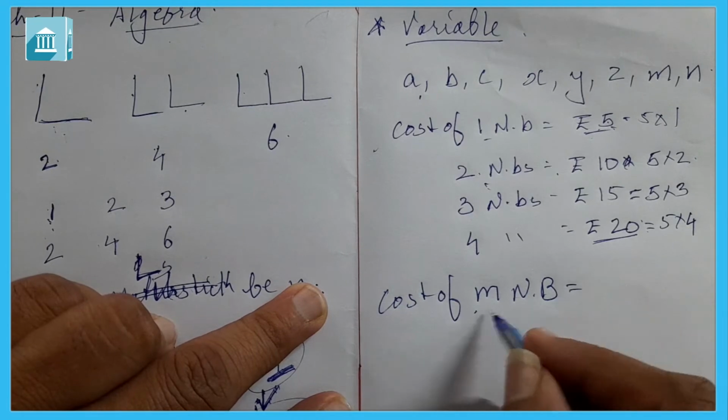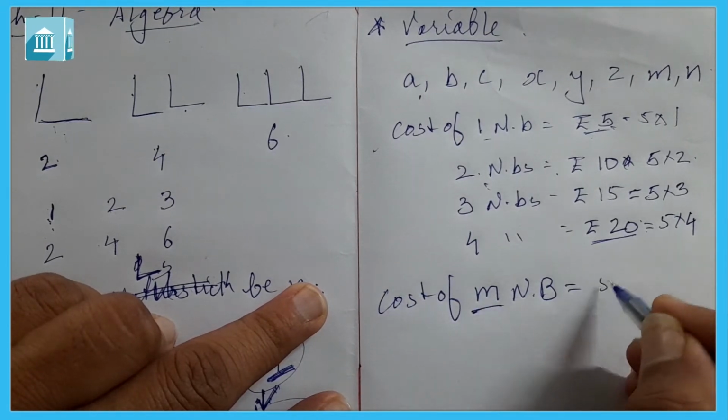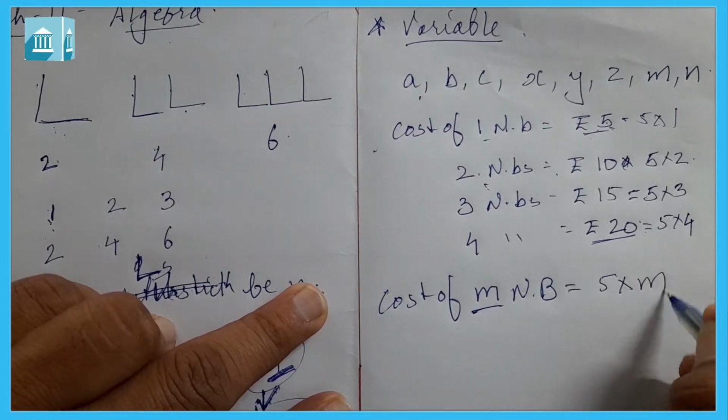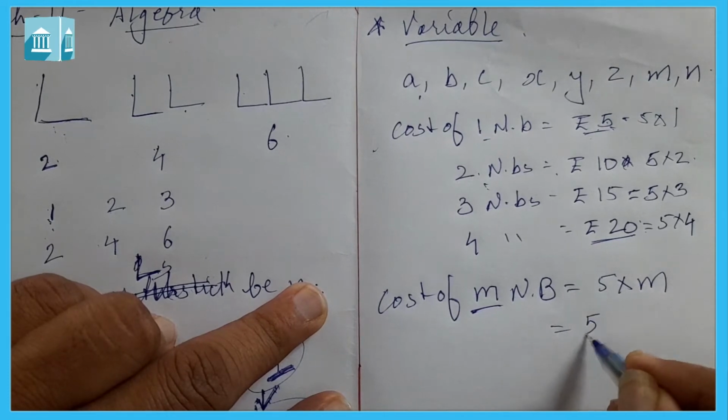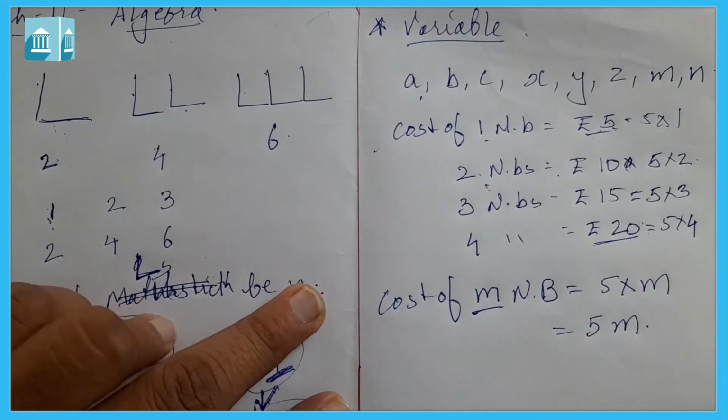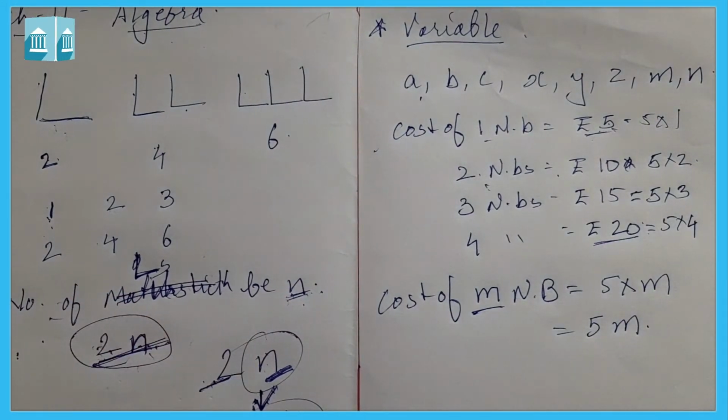So for M notebooks, it will be 5 into M, which is 5M. So in this way, there are many rules or examples through which we can find out the variable or the use of variable.